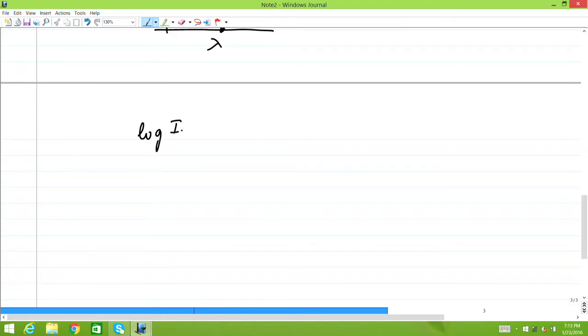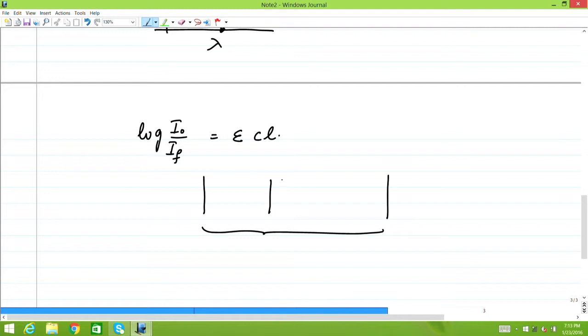Log I naught by IF is equal to this constant epsilon times concentration and length. It's a very simple argument that if you have a cell of length L, consider an extremely small, infinitesimally small length, dl. Because at that level you can imagine that most things will be linear.